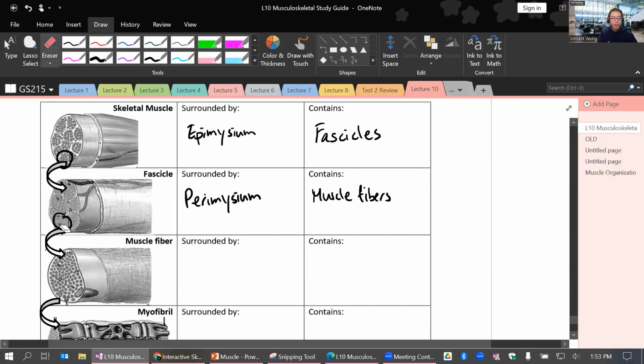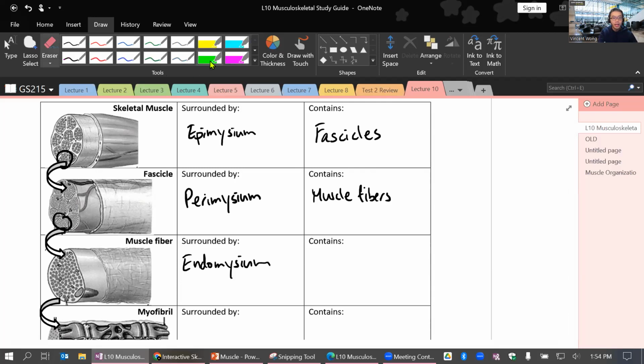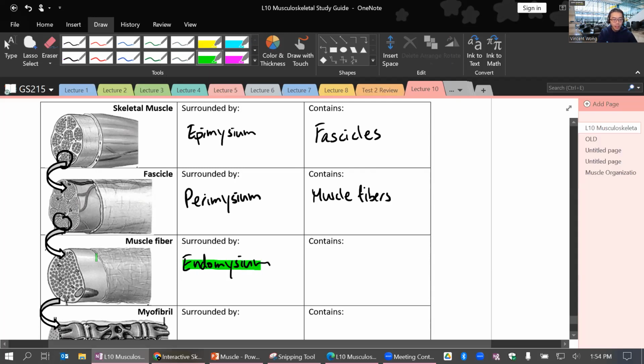You take the muscle fiber and pull it out, and you see that the muscle fiber is surrounded by the endomysium. In this picture, the endomysium is this stuff right here.